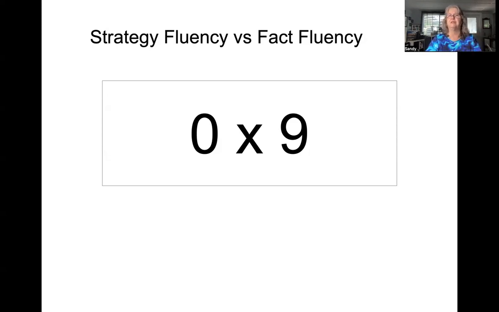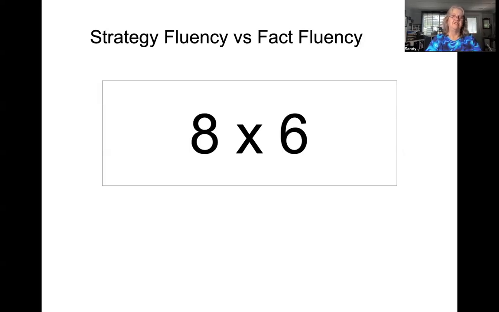So here I have 0 groups of 9, 0. 9 groups of 0, 0. Or they tell a story, 9 groups of 0 cookies. 7 groups of 9, well, that's 7 tens, 70, minus 7, 63. So I can use the strategy. Double 9 is 18. Double 7 is 14. Double 14 is 28. See how I'm using the repeated doubling. 8 sixes.